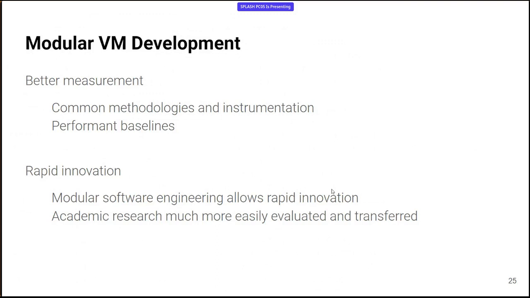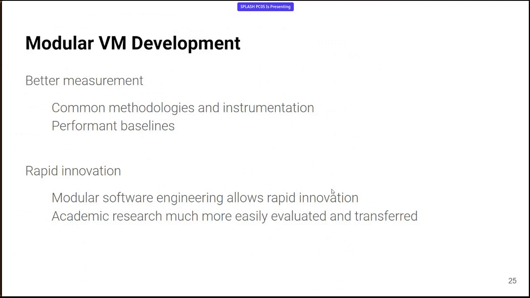And that helps us solve the problem that I spent the first 15 minutes talking about, that you can't measure things unless you've got good, performant, simple baselines. Rapid innovation. If you've got a modular VM, it's possible to do really creative stuff and have it performant very, very fast. And I'm going to make that point sharply at the end of this talk.